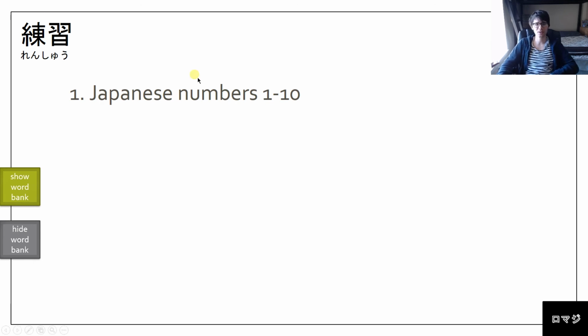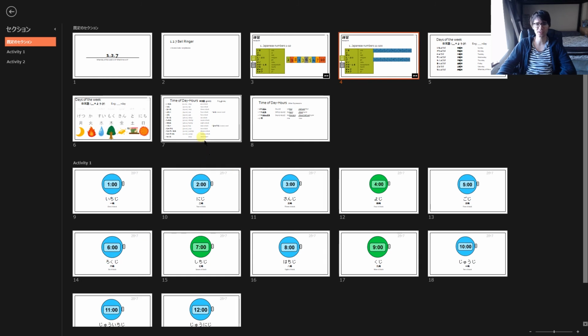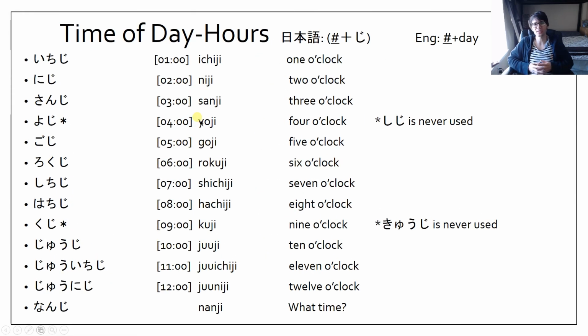So click here if you need to review the numbers. Let's go ahead and jump first to talk about the hours of the day. The way that you say this in English is by adding o'clock to the number, right? So we have 1 o'clock, 2 o'clock, 3 o'clock, 4 o'clock, and so on and so forth.